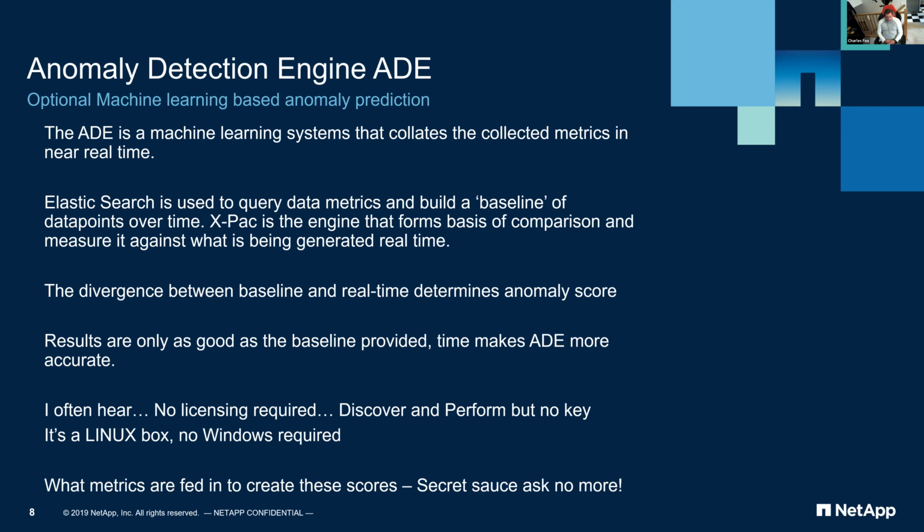It has an integrated learning engine that's also plugged into Elasticsearch. It's called XPack. We'll talk a little bit more about that later, but it essentially builds a baseline of data points over time. It then compares this baseline to what it sees currently. And the greater the divergence, the greater the anomaly score.